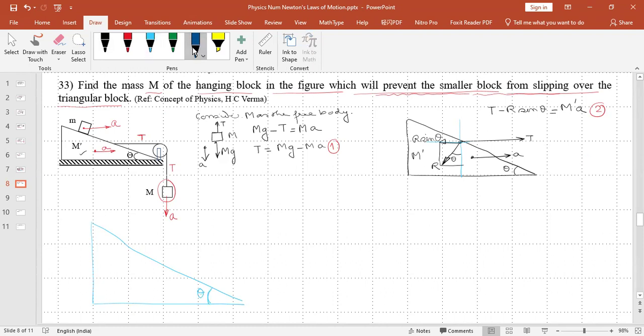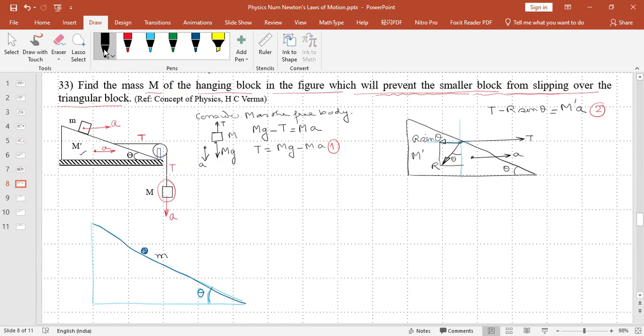Now, let us say this block is here and its mass is small m.